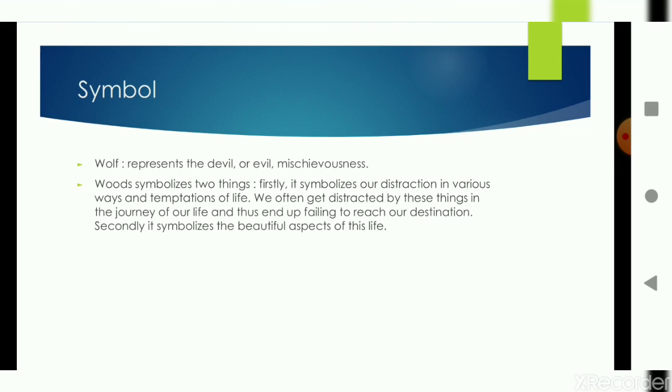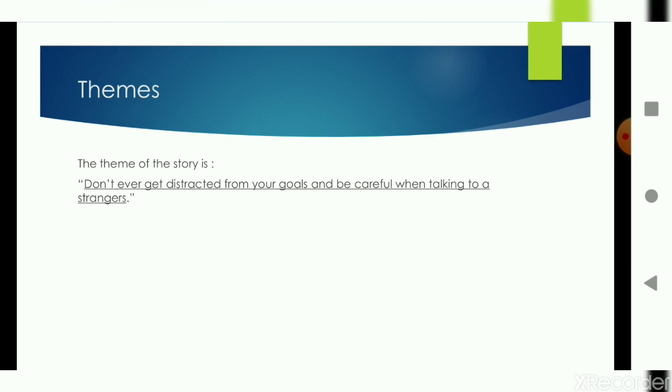Secondly, they symbolize the beautiful aspects of this life, and what distracted Little Red Riding Hood was the pretty flowers. That is the beautiful aspect of this life. Then we have themes.